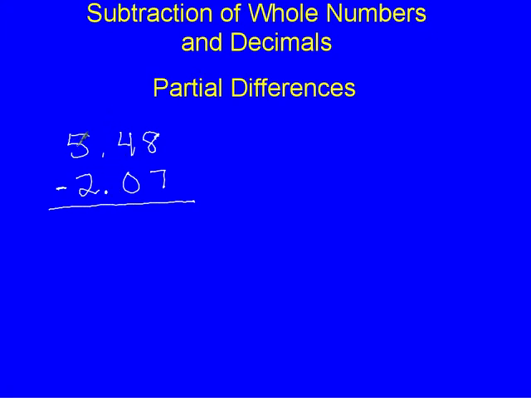5 wholes minus 2 wholes is 3. 4 tenths minus 0 tenths is 4 tenths. But again, it's a positive 4 tenths.